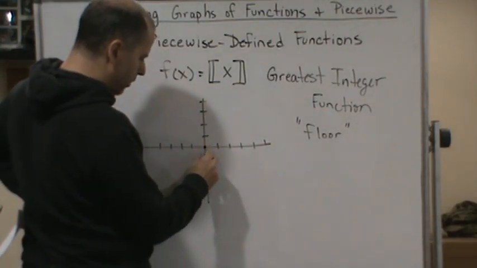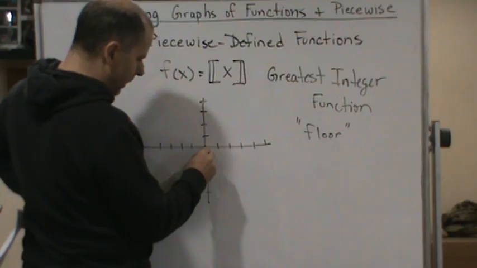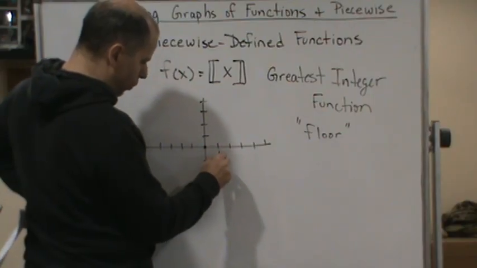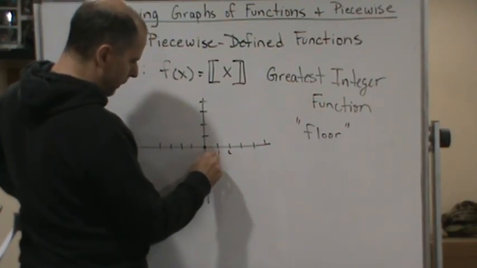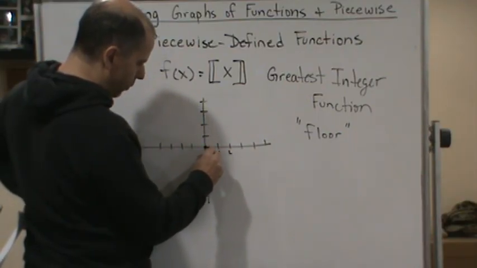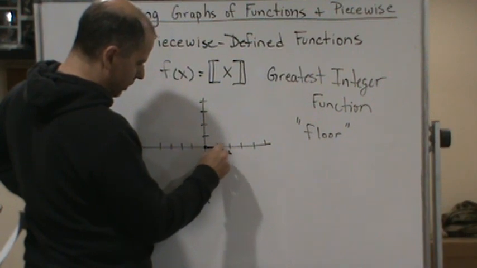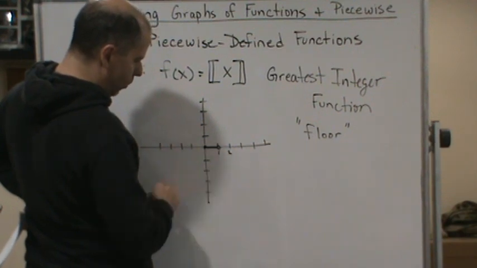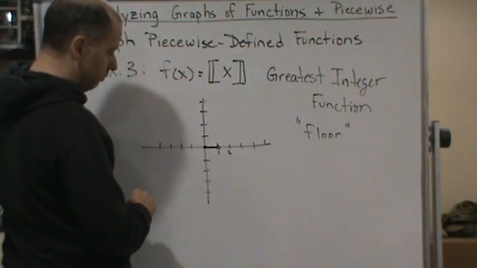So if I'm at 0, as long as I'm between 0 and 1, the value of the function from 0 all the way till I get to 1 is going to be 0.